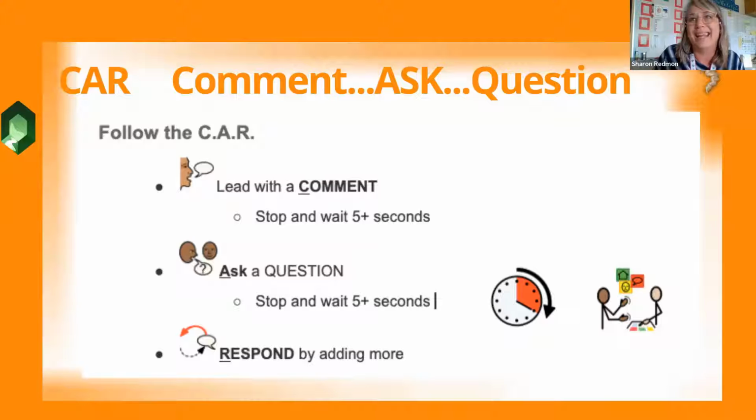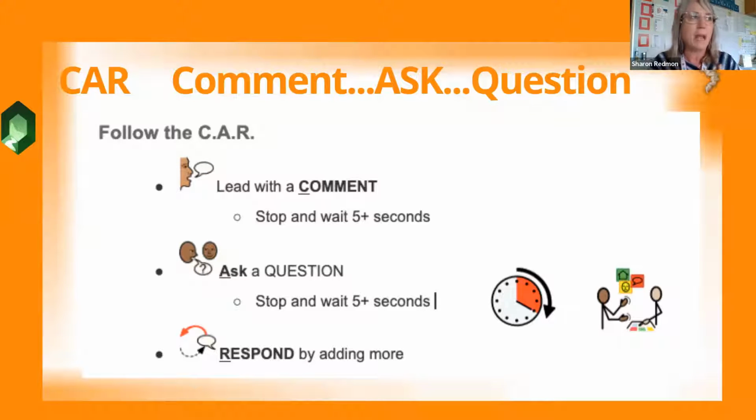How do we start engaging our learners with complex needs, with complex communication needs and complex bodies, right? So this is where following the CAR is super helpful for that structured activity, so that we can go back and do a mental checklist.